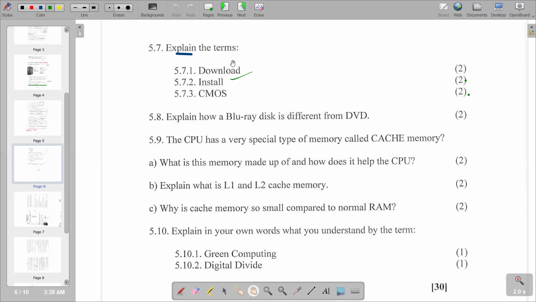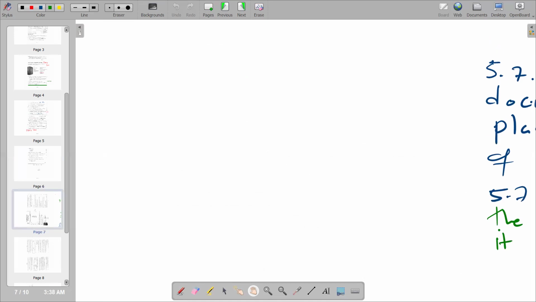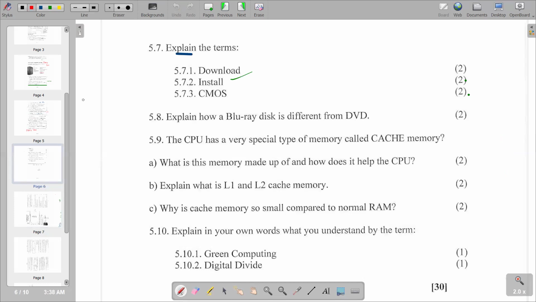Also, we can talk about boot order and hardware settings. So basically, that's what we have in terms of the CMOS. We can bring it down on our answer section, and this is 5.7.3.